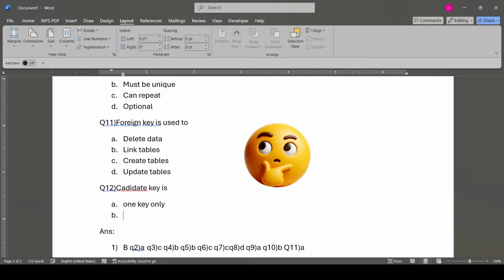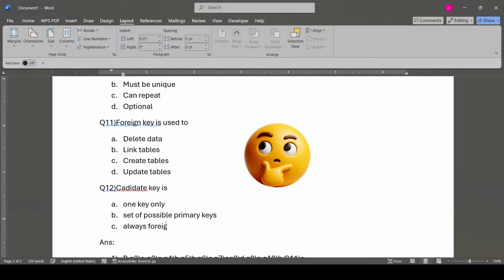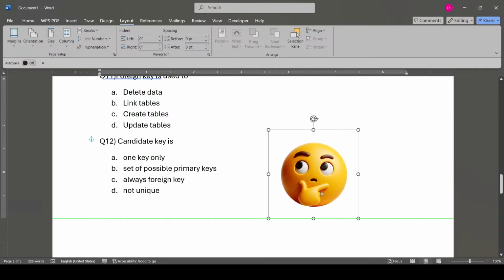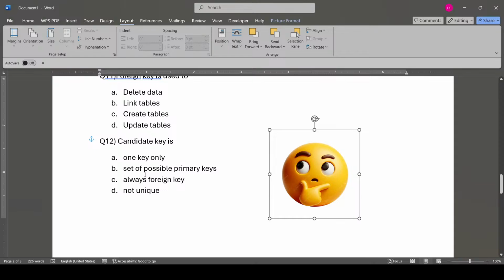Next is set of possible primary keys. Next is foreign key. Next is unique. Question number 12. Which one is the answer?